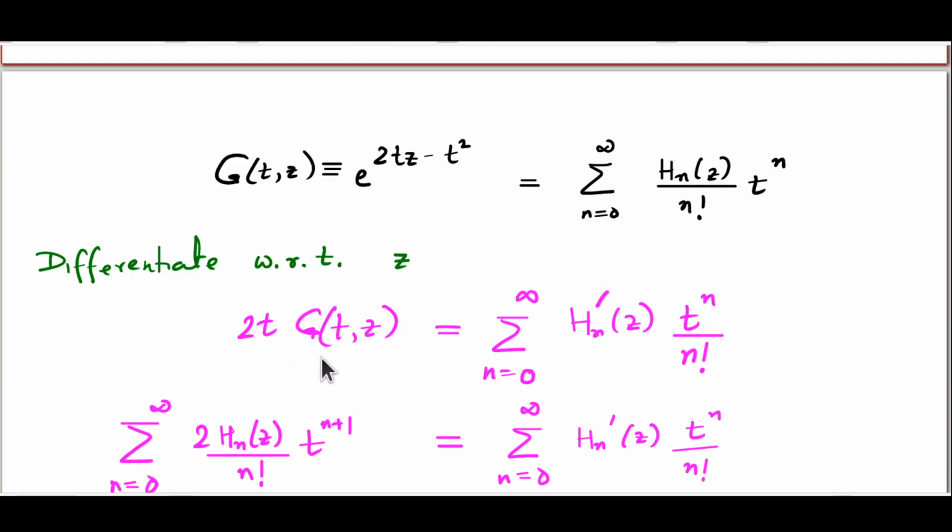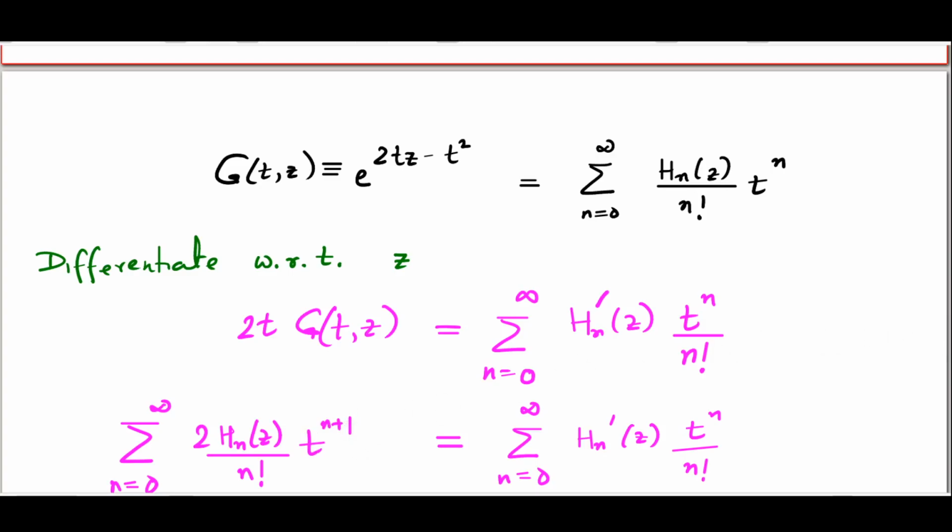The trick now is to actually realize that g(t,z), of course, is this power series. So we plug that in, and that tells me that the left hand side becomes a power series but with power t to the n plus 1, and that has to be equal to this power series on the right hand side. In order to compare terms in the power series, we need them to have the same index, which means I have to bring this n plus 1 down to n.